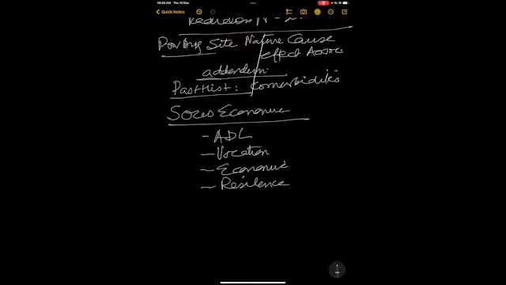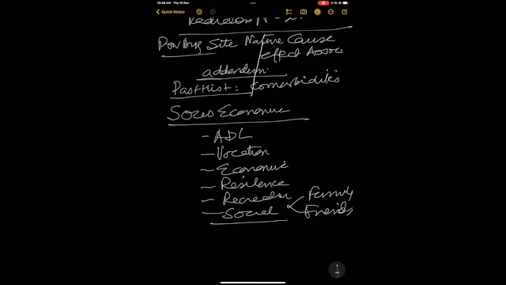And what is the effect on the recreation and social activities of the patient in terms of family and friends? So this is very important because this gives you the clue as to what should be the type of treatment the patient should receive.